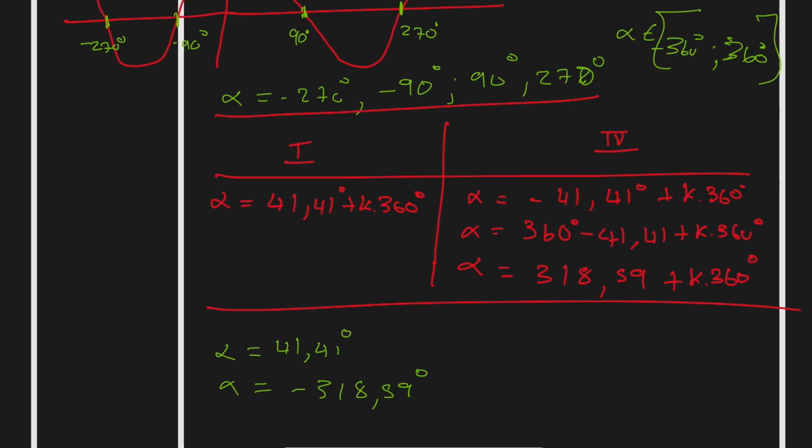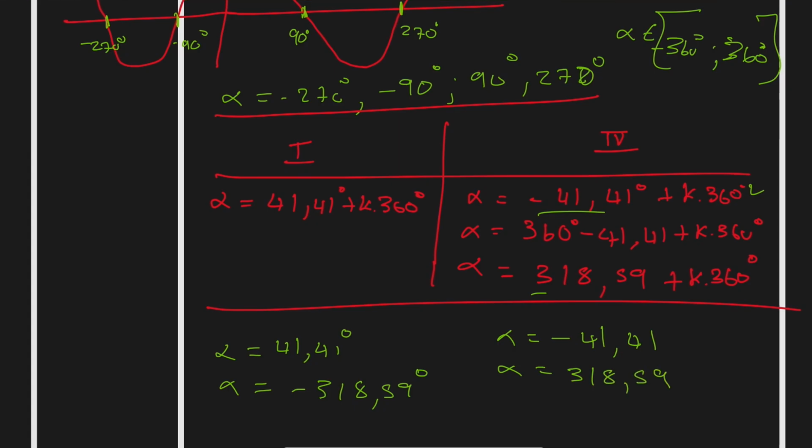So on this part here, the first solution is that one. We're going to say alpha is minus 41.41. Okay, so remember, if you add 360 here, you're going to get your alpha as this part here, which is 318.59.